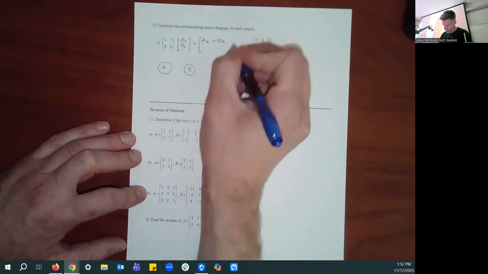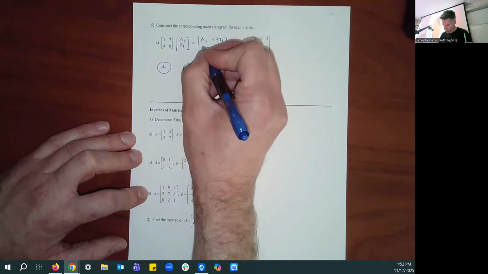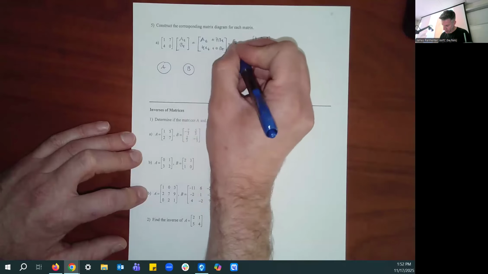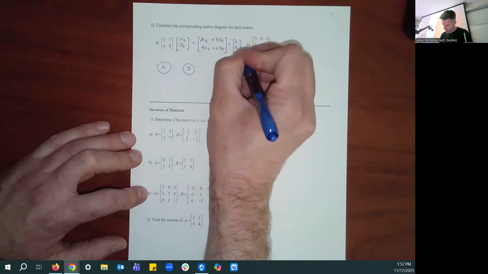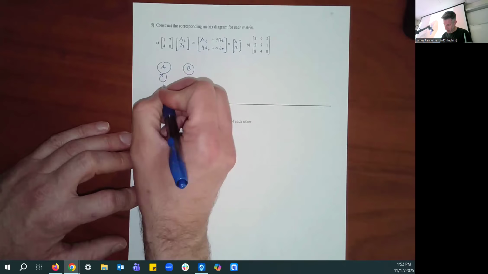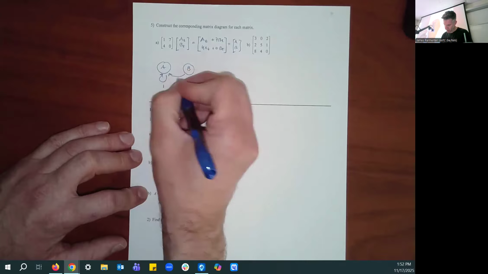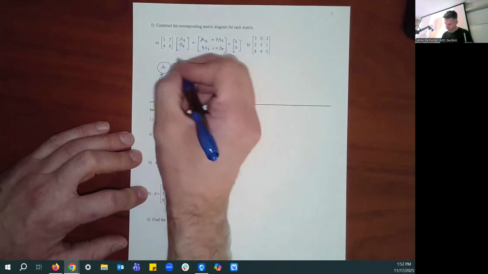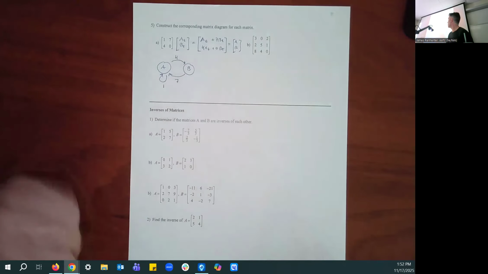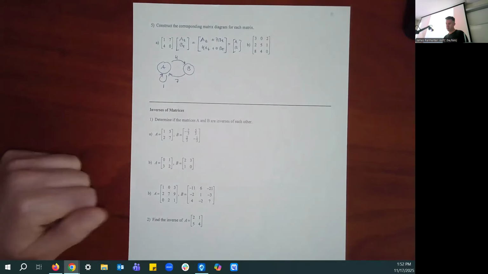That's my next A. And 4 AT plus 0 BT. That's my next B. So what's going into A should be A itself 1 time and 7 of B. What's going into B should be 4 of A and none of itself. So that should be our matrix diagram there.